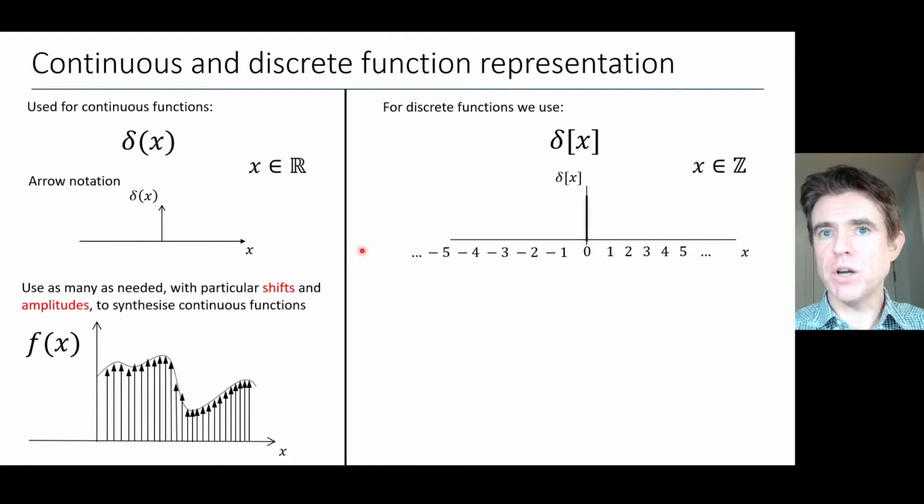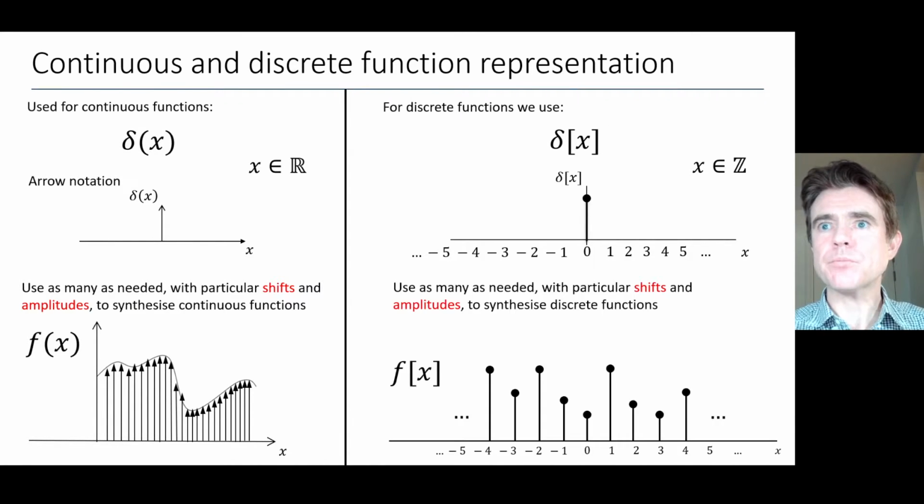So for example, from minus infinity to plus infinity, but only integers now rather than real numbers. And often we'll just use some kind of vertical line like this rather than the arrow notation used for the continuous case. And sometimes you might see a little circle on the top there. So you've got to look at the context to understand whether it's a continuous or discrete function, and for the delta as well.